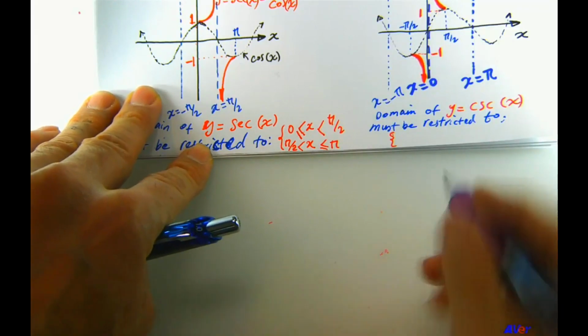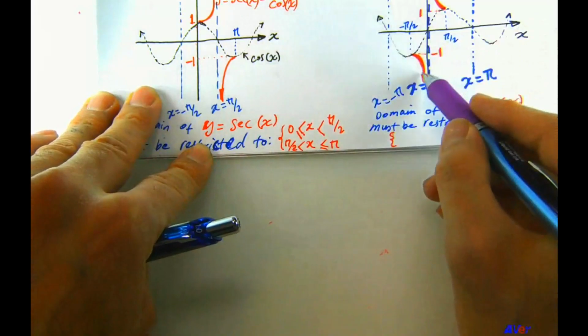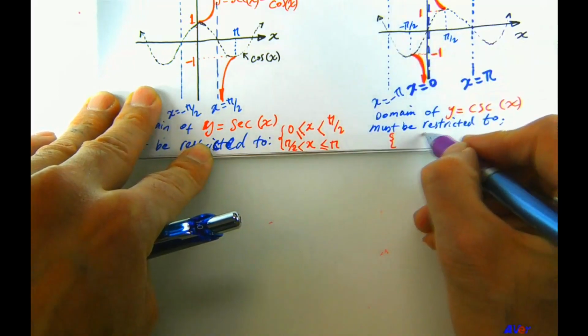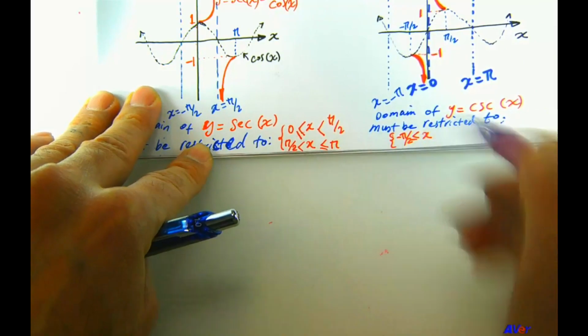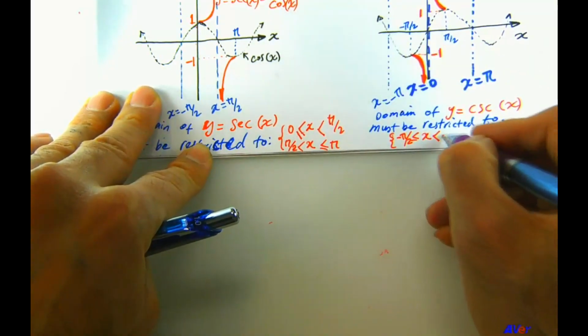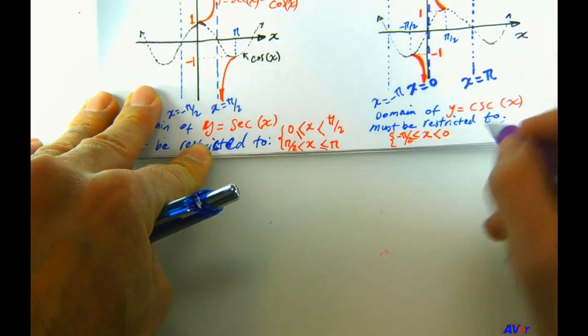Okay, so for this piece, x should be greater than or equal to negative pi over 2, and 0. It cannot be equal to 0, right? So less than 0.